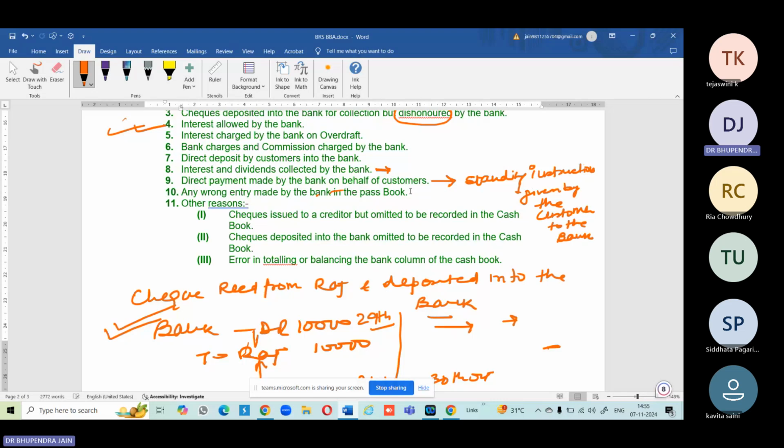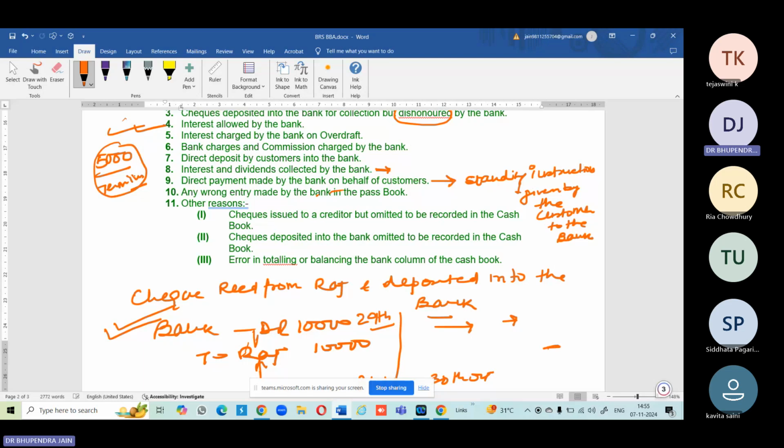Suppose I have given the instruction, I have authorized the bank that I am paying 5,000 rupees per month for a term insurance. So I authorize the bank that you directly pay 5,000 rupees to the ICICI Bank term insurance, to the SDFC term insurance.